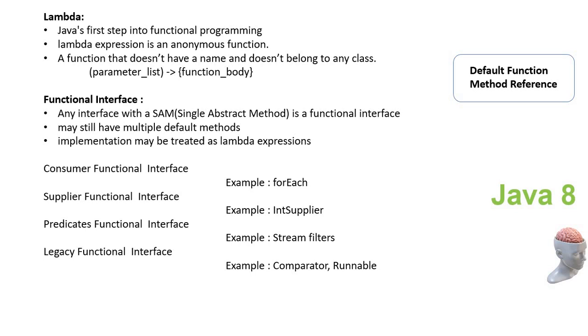I can go over it with an example. It helps avoid the traditional way of coding. So these are the different things used in Java to implement functional programming: lambda, functional interface, default functions, and method reference.